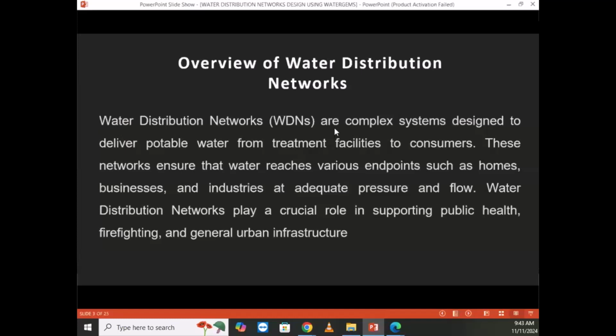As I understand, you are using boreholes, lakes, rivers, and dams. Most of the time, those sources you may not find at high elevation. I don't know if I'm right. It's difficult to find a borehole at the top of the mountain. It's difficult to find a lake at the top of the mountain. Most of the time, they are at the lower elevation.